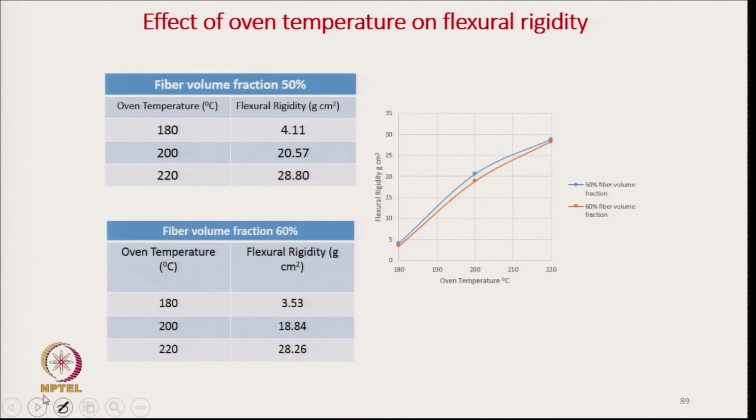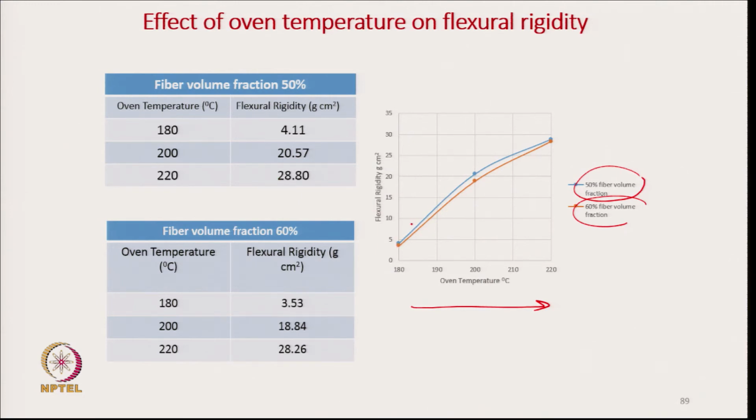So, if we see the effect of oven temperature on flexural rigidity, it increases with the increase in oven temperature, and this is true for both 50% fiber volume fraction and 60% volume fraction.